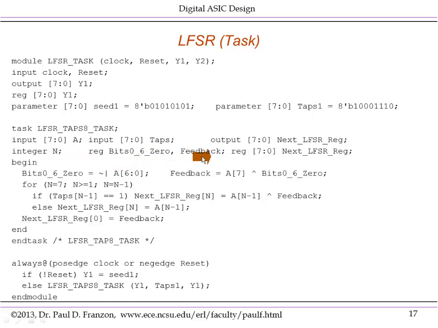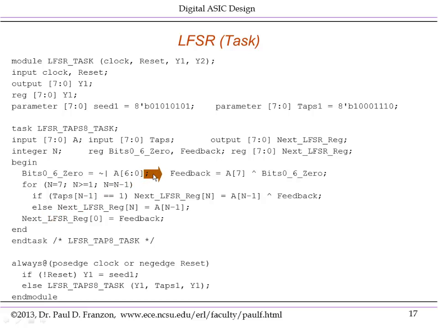Bit 0, bit 6, and feedback as before. We've also declared the output because it has to be declared as type wire or type reg depending how it's assigned here. It's assigned procedurally here, so it's type reg. We then go through the steps in the logic chain that produces the next value of the pseudo-random sequence at Y1.